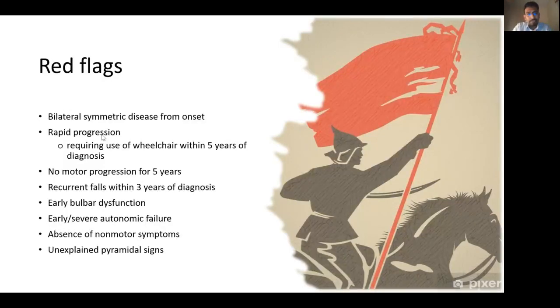A rough estimation is if a patient becomes wheelchair bound within 5 years, it is probably something else. When we say something else, I mean a Parkinson's plus condition, mostly PSP. Patients become wheelchair bound quite early in the stage. Just remember, PSP means progressive supranuclear palsy. Recurrent fall, again, PSP is one of the reasons.